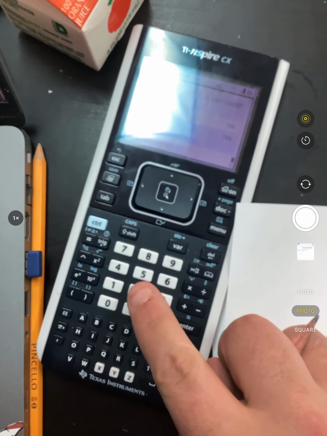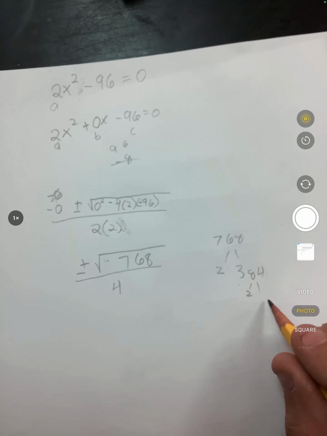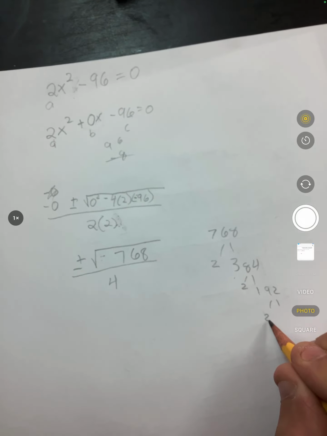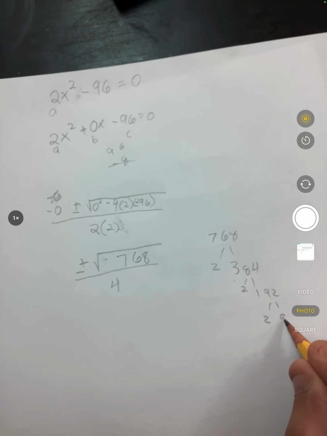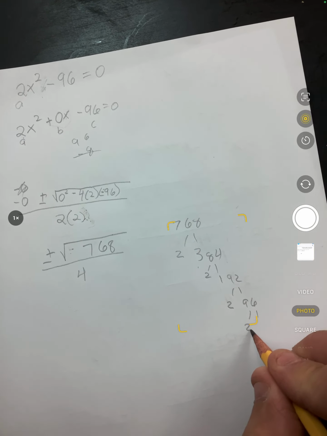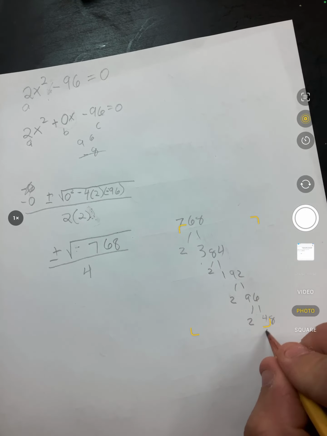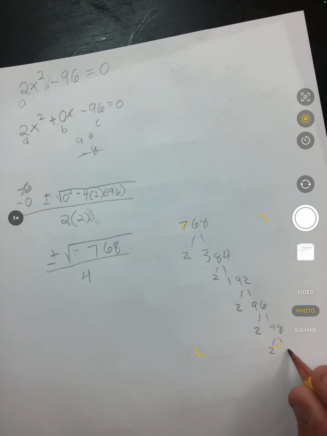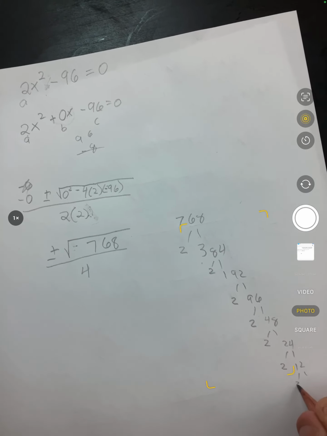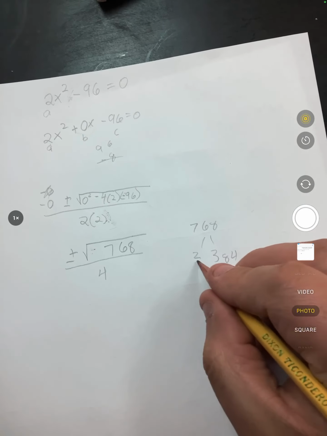I divide by 2 again, and I get 192, which factors out with another 2 to become 96, which factors out with another 2 to become 48, which factors out with another 2 to become 24, which factors out with another 2 to become 12, then 2 and 6, and 2 and 3.